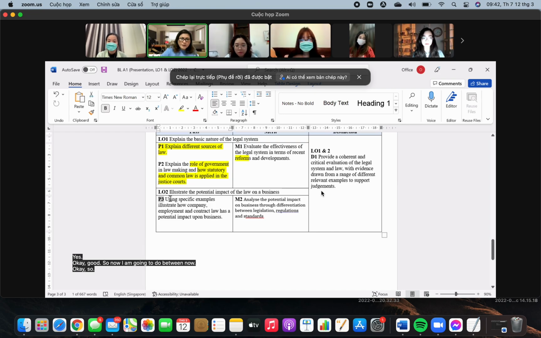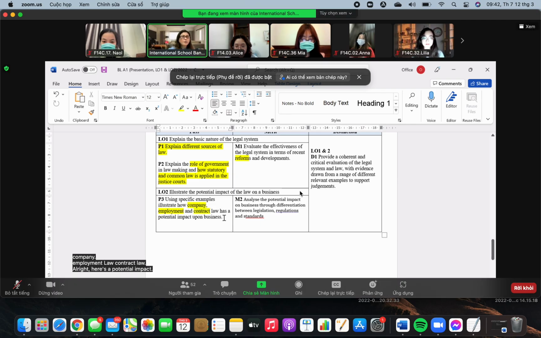So you have to understand what the assessment criteria is. The criteria here is you need to use specific examples. You must provide examples to illustrate how company law, employment law, contract law has a potential impact upon business.